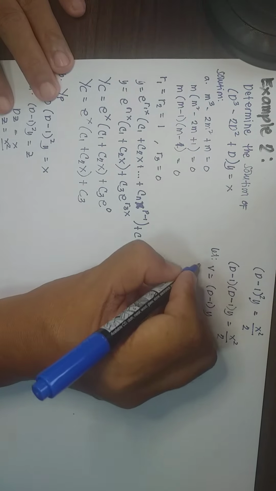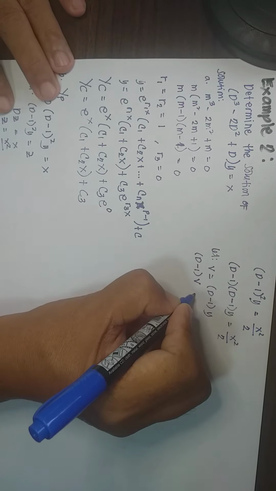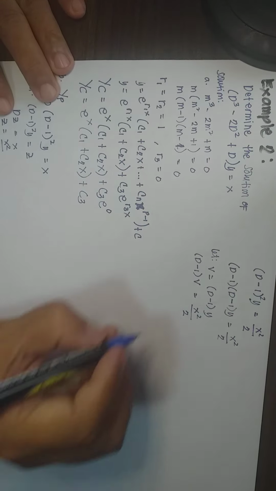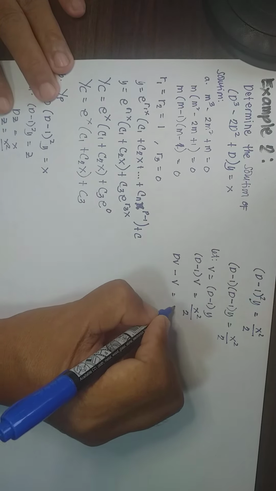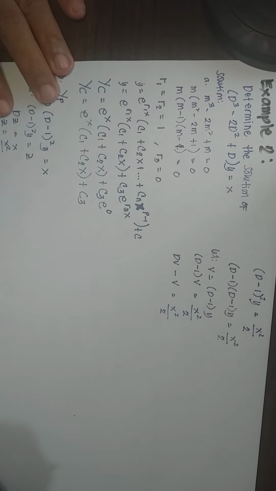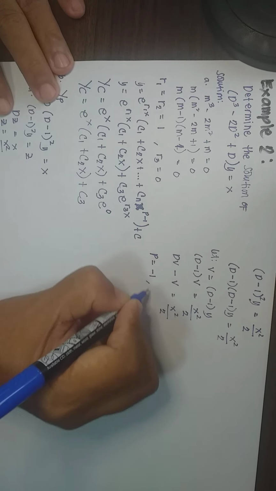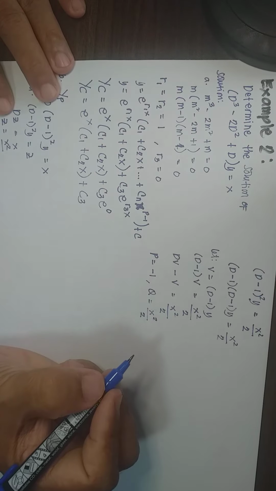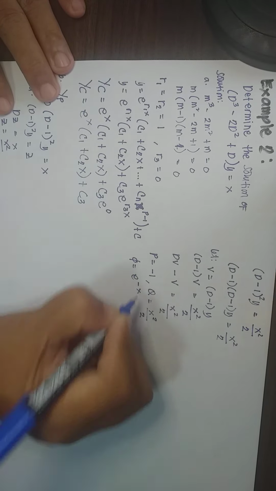So this whole thing becomes D minus 1 v is equal to x squared over 2, and this is dv minus v is equal to x squared over 2. Again, this is first order linear, where your P is equal to negative 1, your Q is equal to x squared over 2, and your integrating factor is e to the negative x.